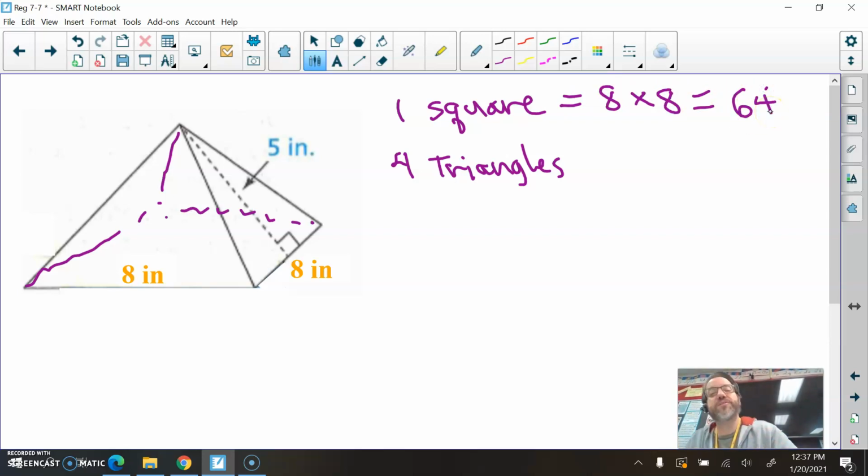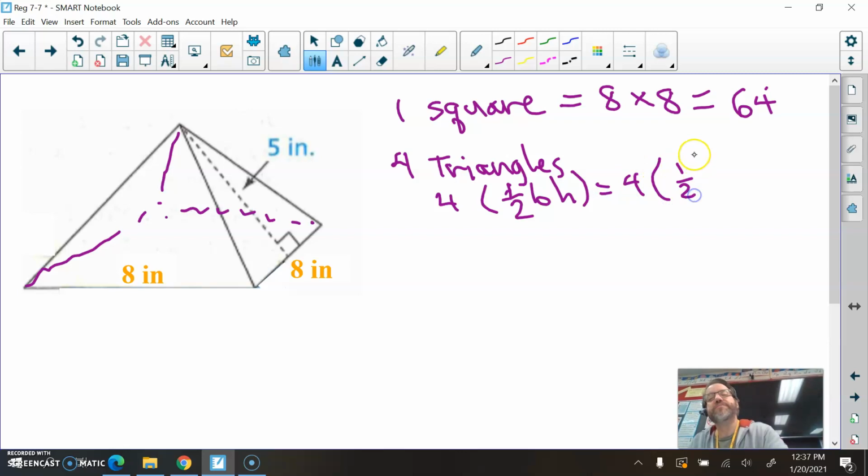Now the four triangles, we're going to take 4 and multiply by whatever we get when we take 1/2 times the base times the height. Okay? So that's 4 times 1/2 times, now the base and the height of the triangle, the base is 8, the height is 5. So I have times 8 and then times 5. Okay?